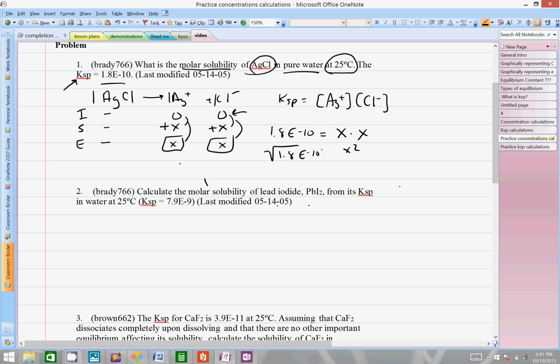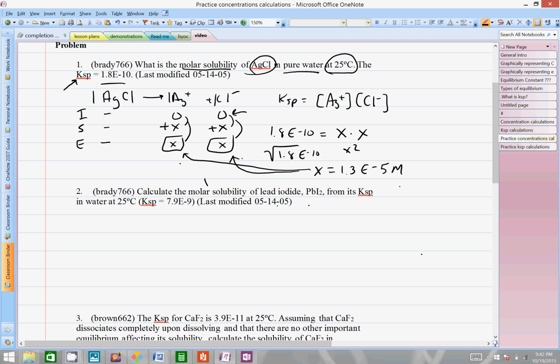Alright, we got at this point from my calculator x equals 1.3 e to the negative 5th. Now again, this is the x value. It represents the concentration of the silver ion. It represents the concentration of the chloride ion.